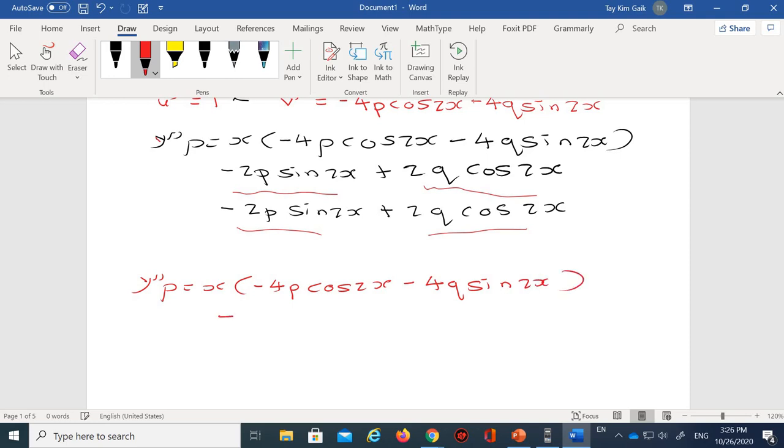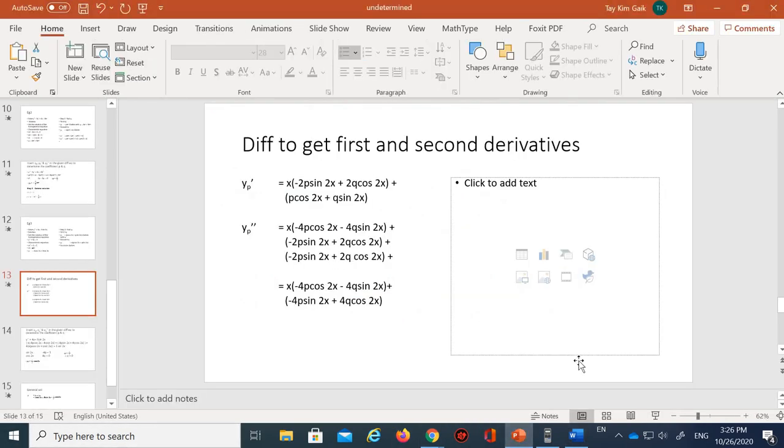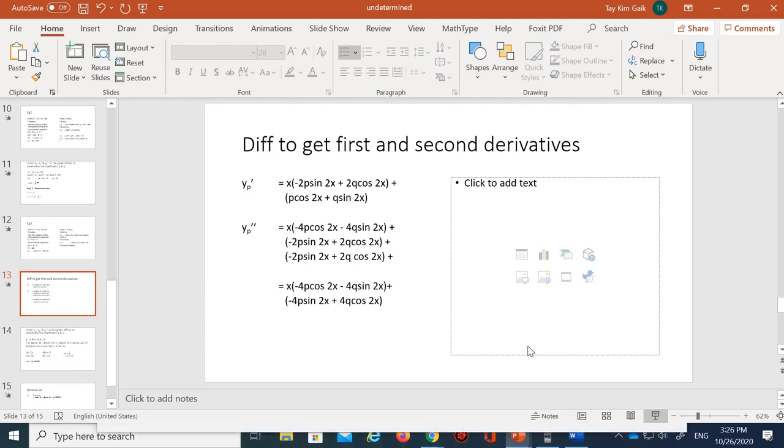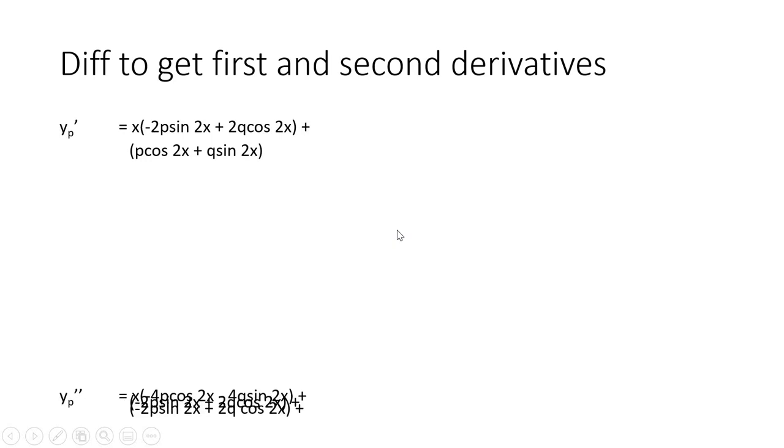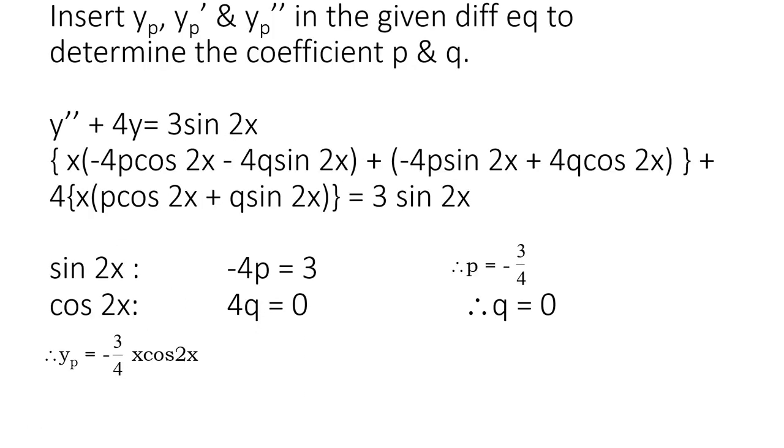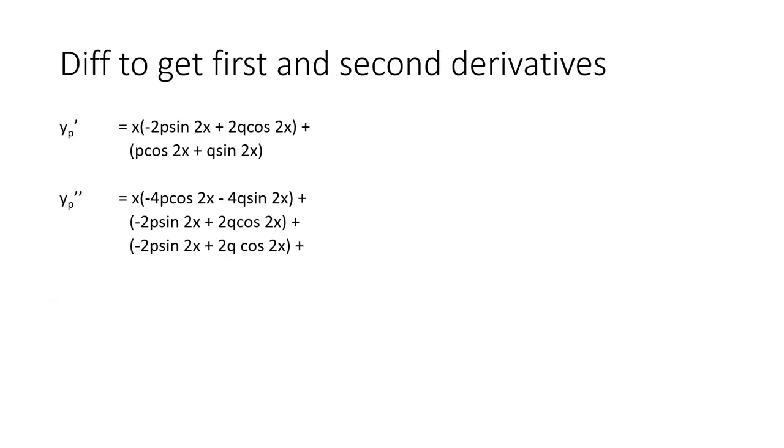So the total is negative 4p sin 2x plus 4q cos 2x, which is this one, which is here.